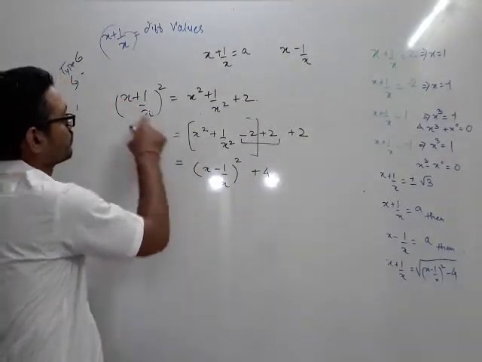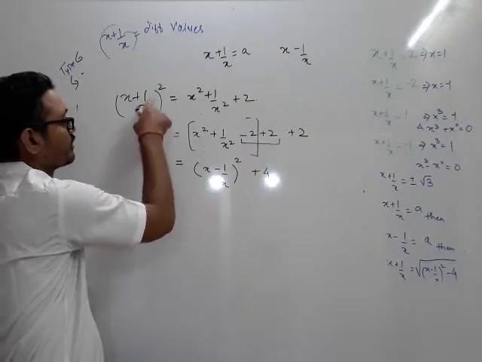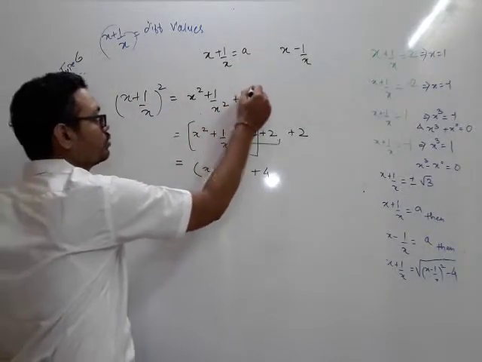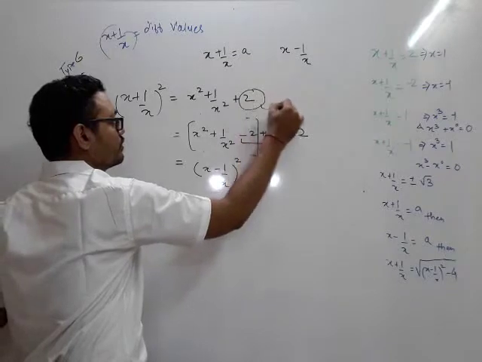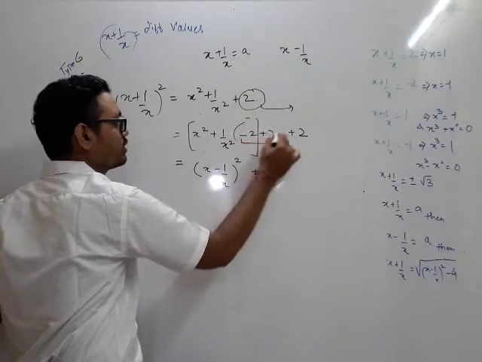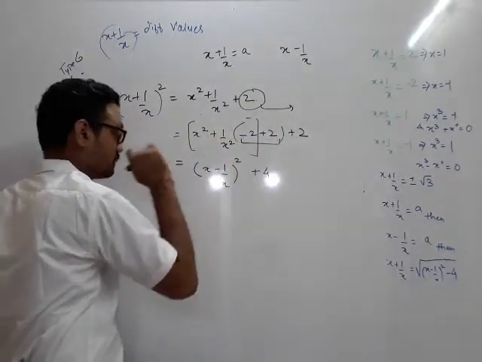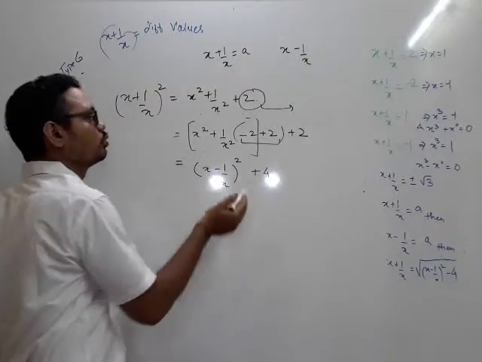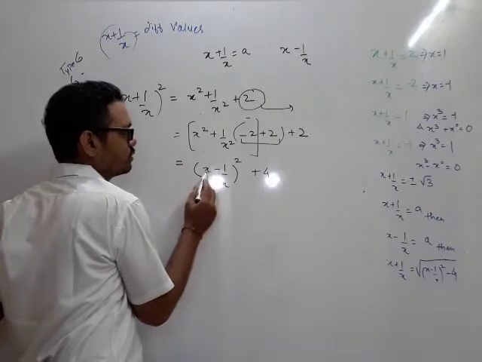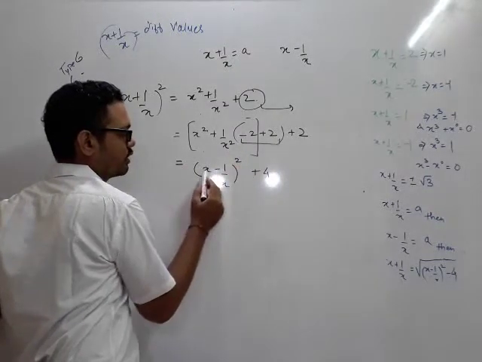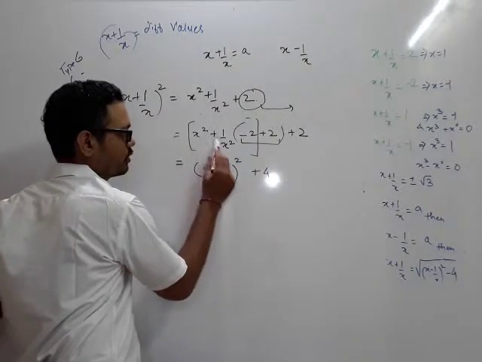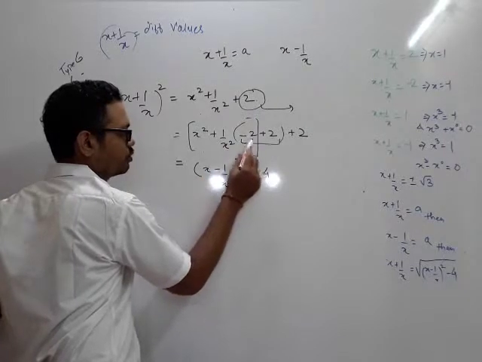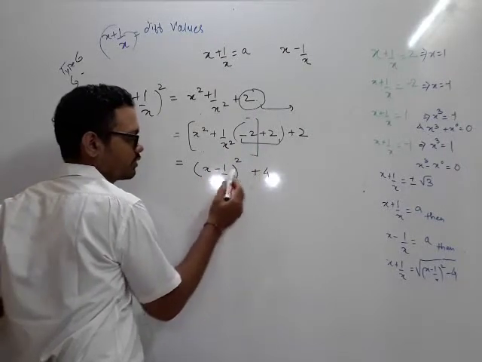What we have done is x plus 1 by x we have expanded, plus 2 I have shifted to the right, and I have added minus 2 plus 2, which is 0. I can do that. Why have I done this? To get this minus term. Once minus 2 is added over here, x square plus 1 by x square minus 2 becomes nothing else but x minus 1 by x the whole square.